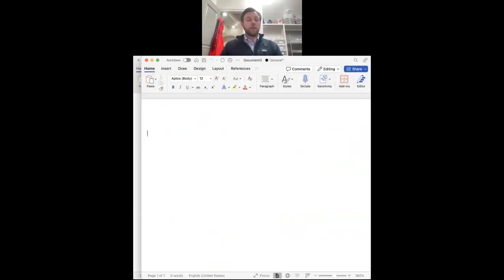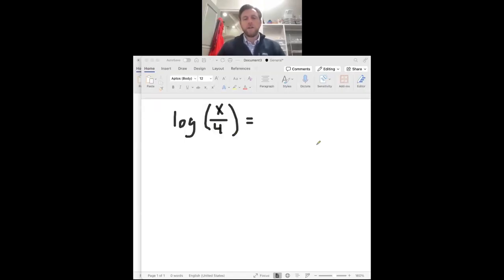So let's take a look at another property. So let's do the log of x over 4. How would you use the quotient rule, the quotient property?